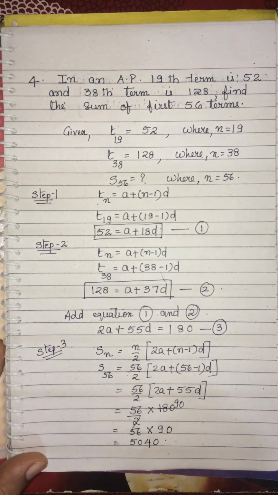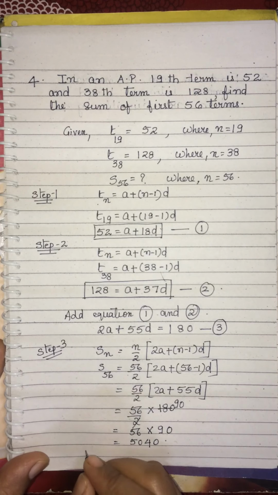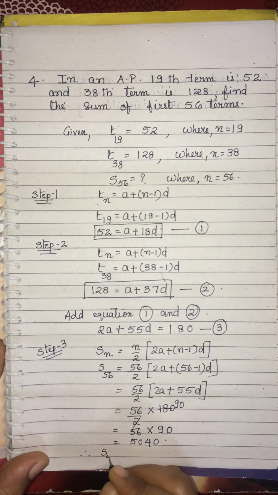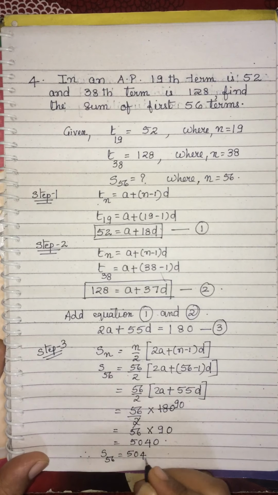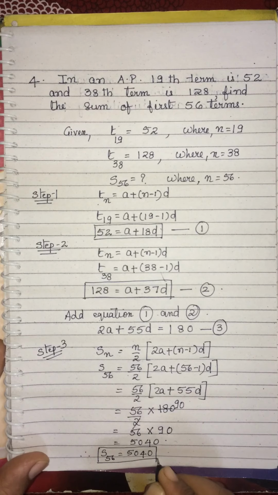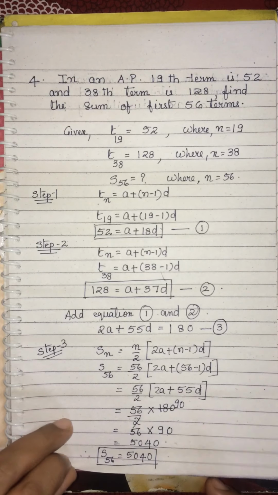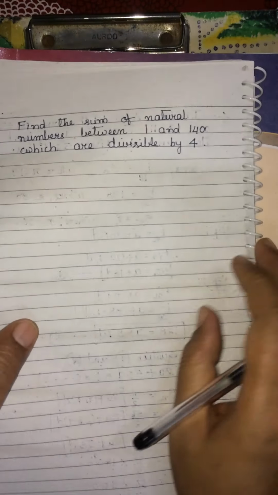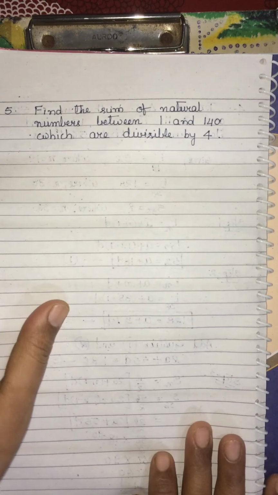Your final answer, S56 is equal to 5040. Children, the final answer is most important. You have to write that the first 56 terms add up to 5040.